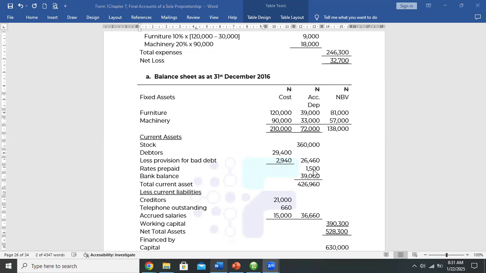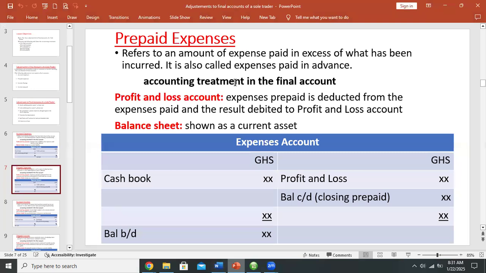In the case of rent, if you pay your rent in advance, you can go to the landlord and claim it if you haven't stayed in that room for that period. You can go and say, please, let me have my advance. I don't intend staying in the building for that period. So you can claim your money. So it's your asset, it's your resource, but a current asset. Okay, so that's also the bit about the prepaid expense.